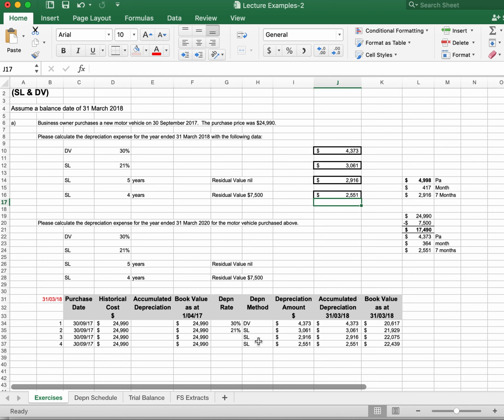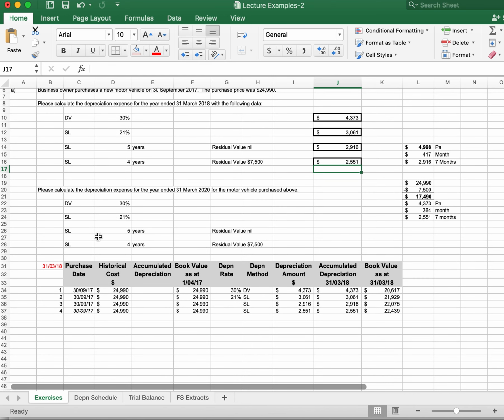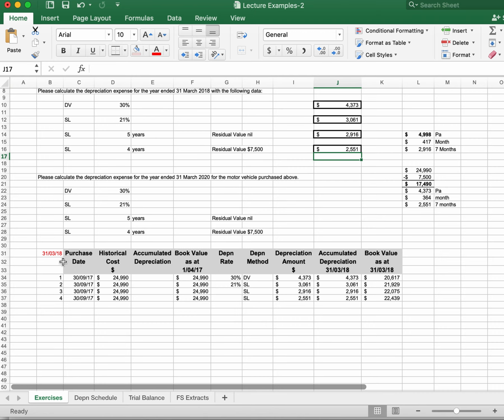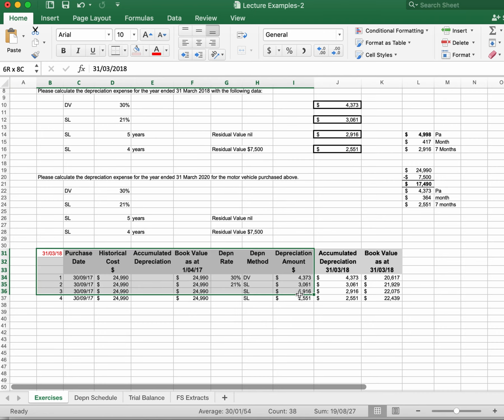Some workings on the side here to support these ones. These ones are pretty straightforward in that schedule. The next part of the question says, please calculate depreciation expense for the 31st of March 2020. So it's actually jumping 2 years ahead.